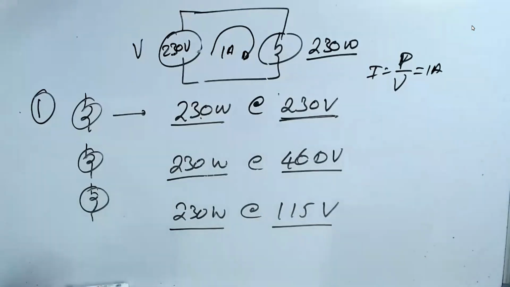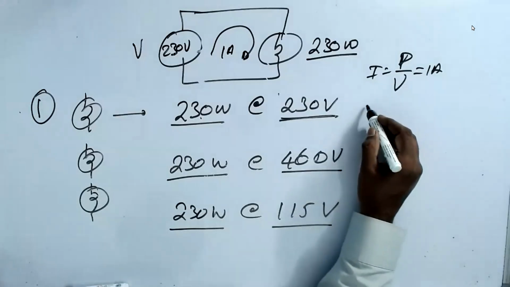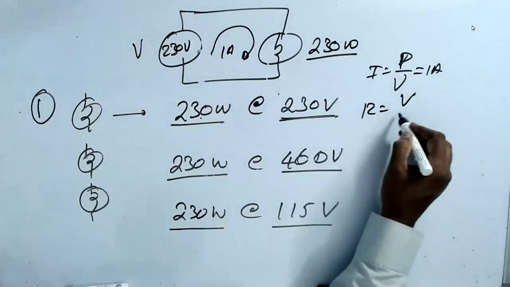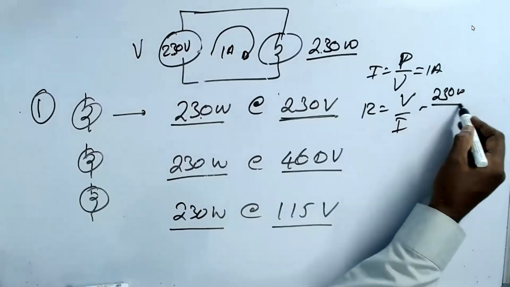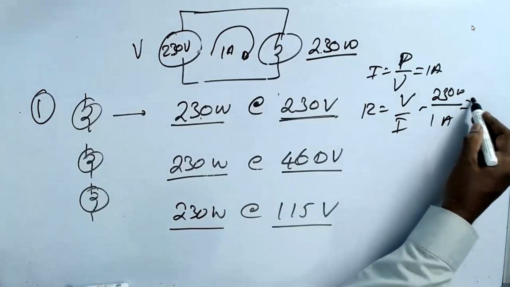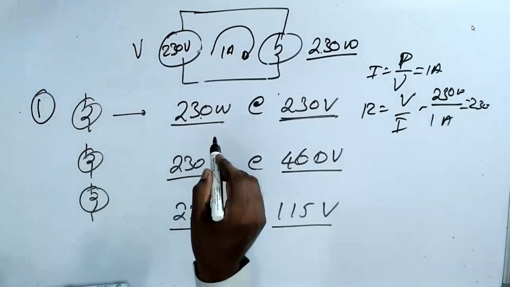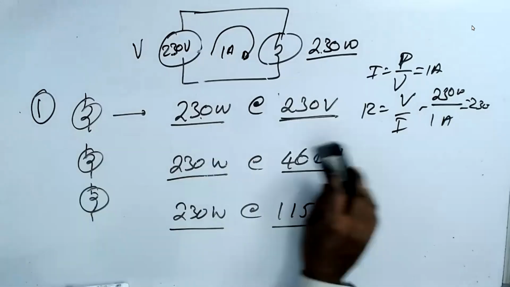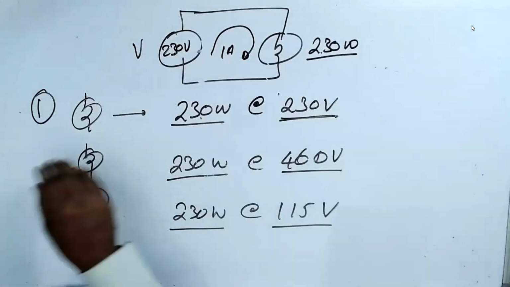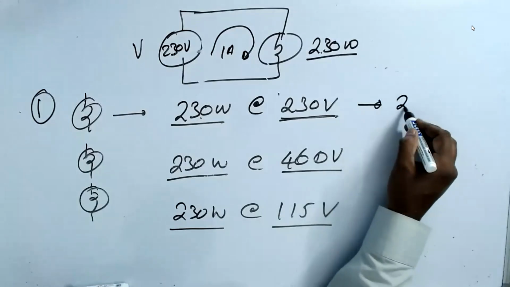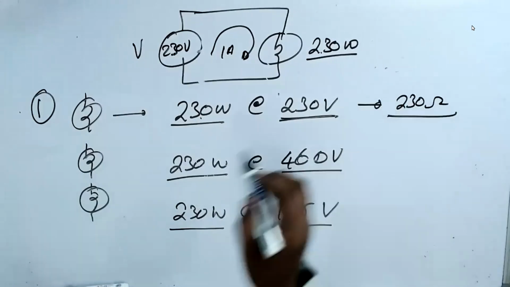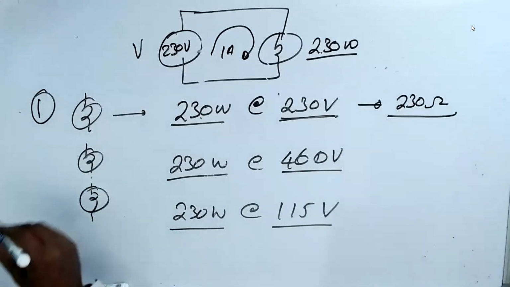Since I is 1 ampere, R is equal to V by I, 230 volts by 1 ampere is equal to 230 ohm. So the first one, which you buy as a bulb in India, has a resistor of 230 ohm.